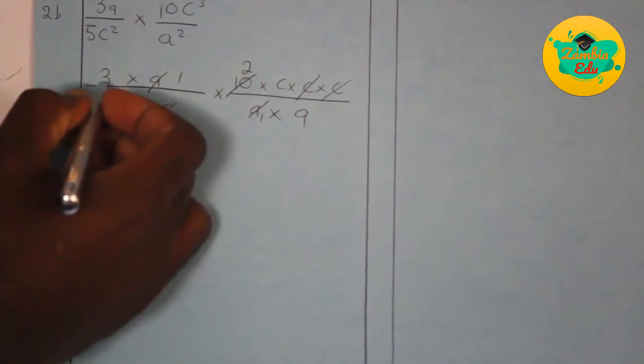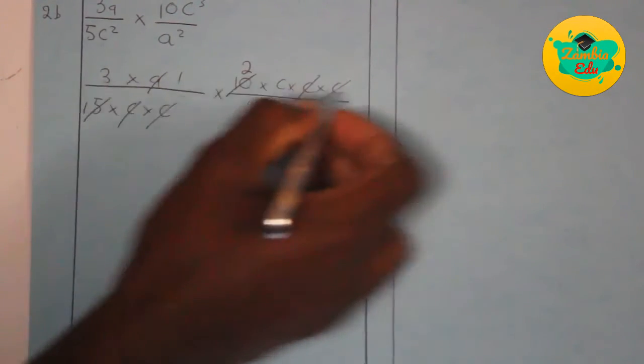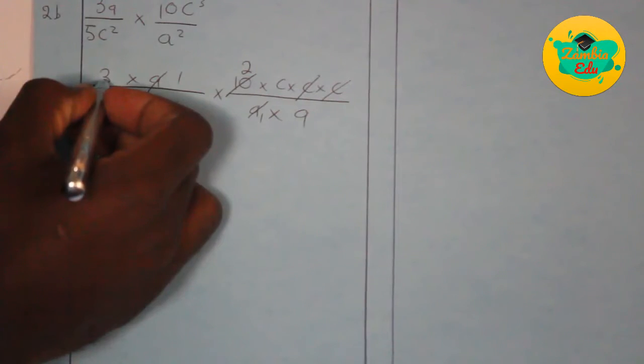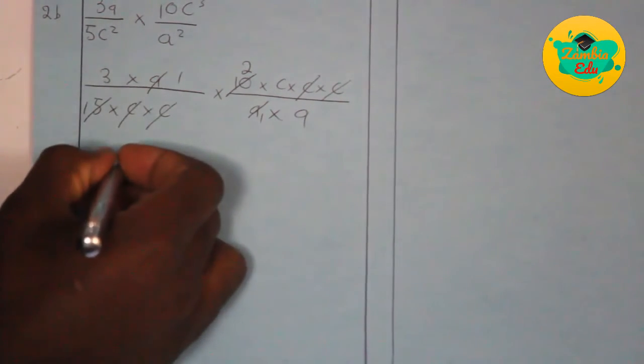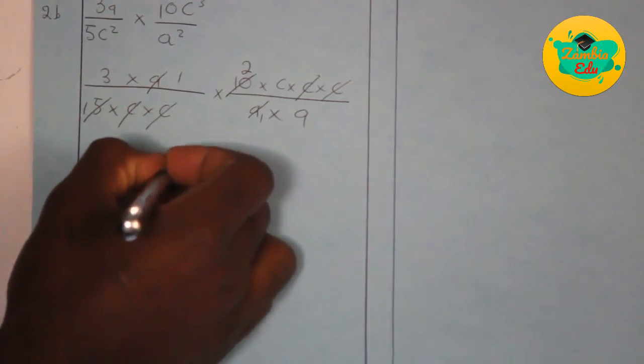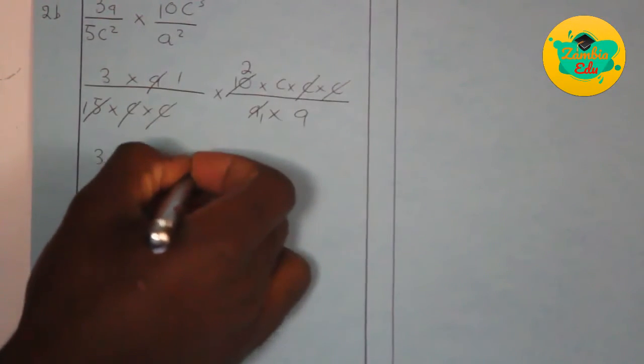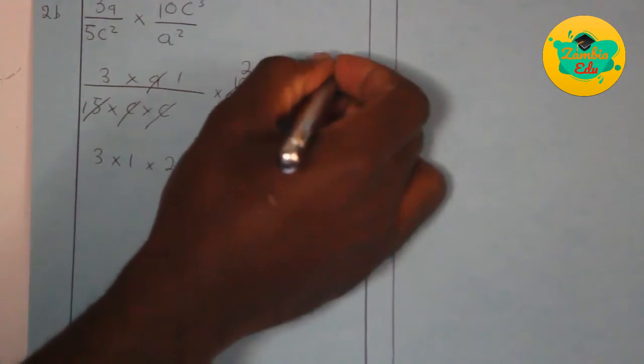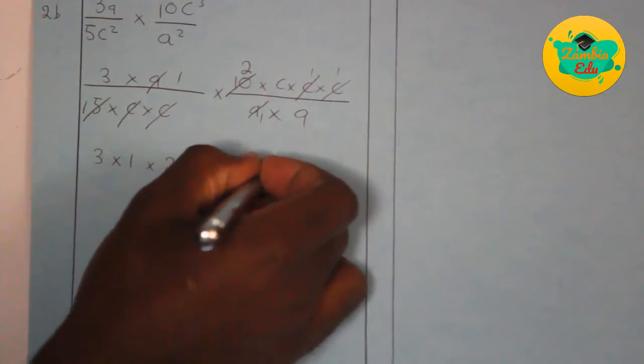So now, when we multiply everything on top, we have 3 times 1 times 2 there, times c, then there's 1 there, times 1 times 1.